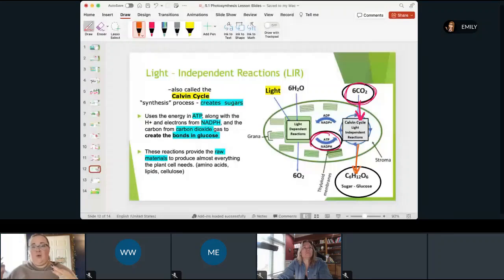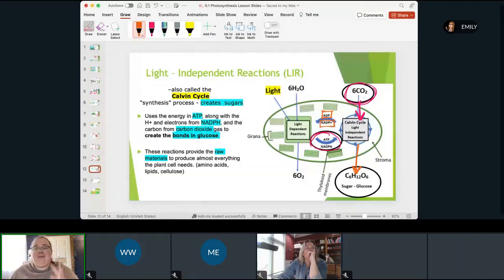Okay. What other 2 things are produced from this cycle or left over from this cycle that we're going to recycle? Okay, what does my top arrow show? Glucose is leaving the chloroplast. Okay, good. ADP is one of them. And NADP plus. Good.